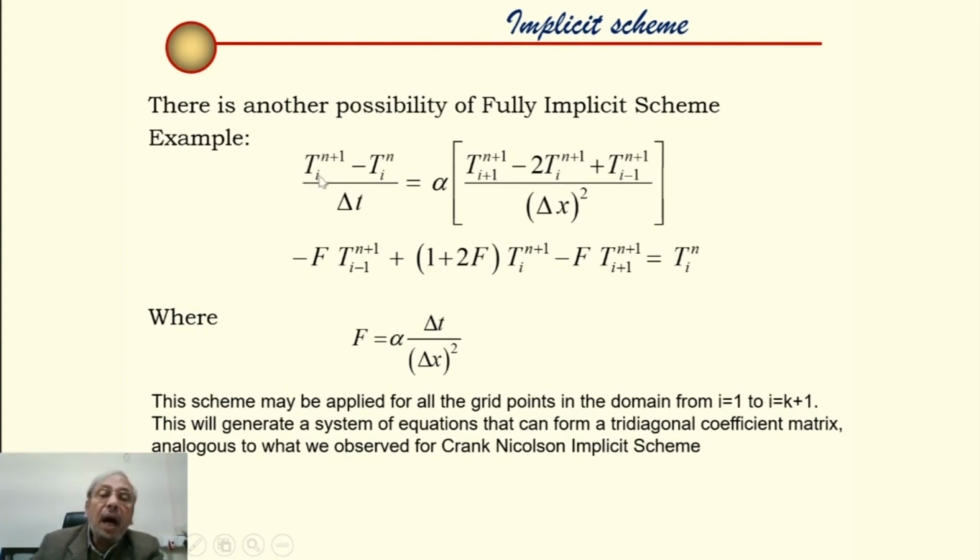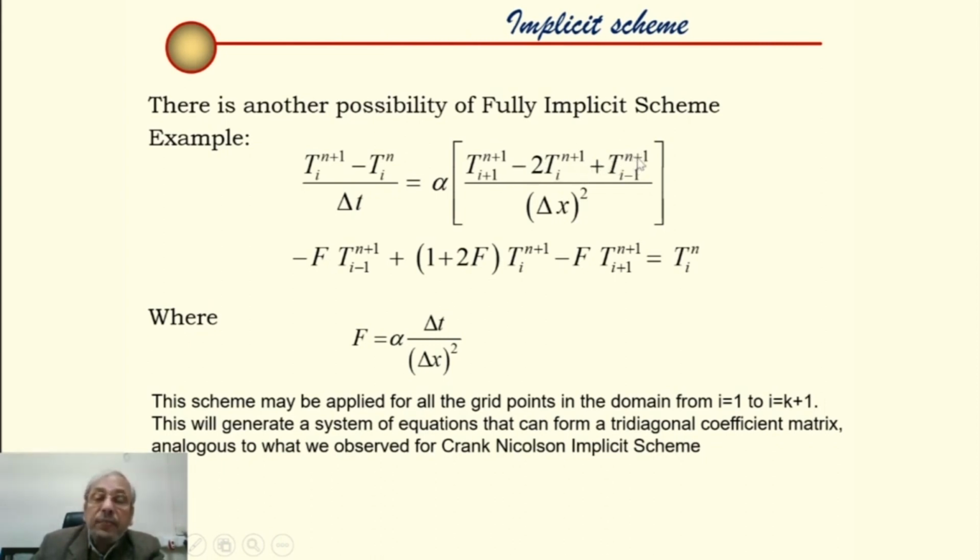Ti at n plus 1 minus Ti at n, divided by delta T, equals alpha times Ti plus 1 minus twice Ti plus Ti minus 1, but all are at the n plus 1th level. And at the n plus 1th level, nothing is known. These values are not known.